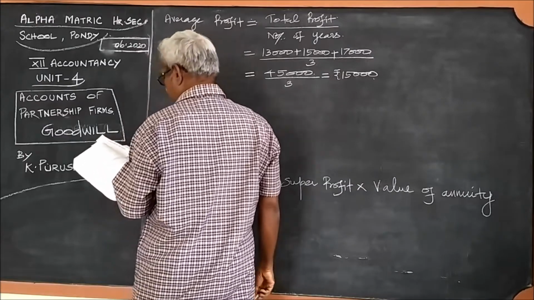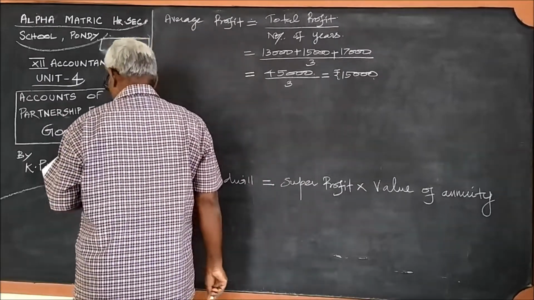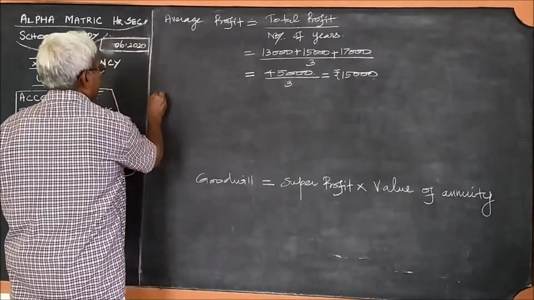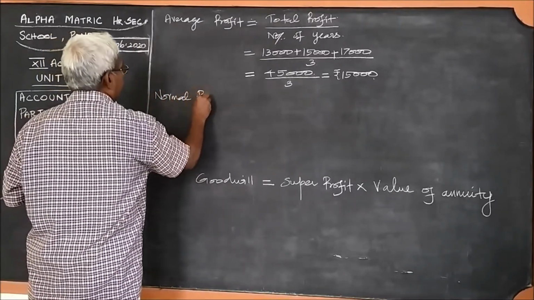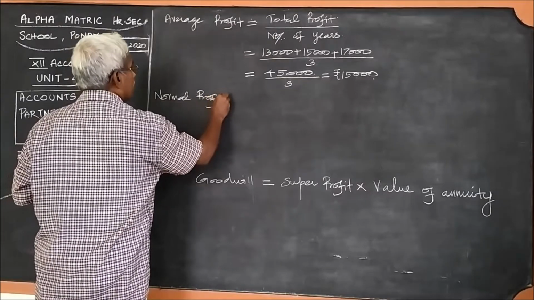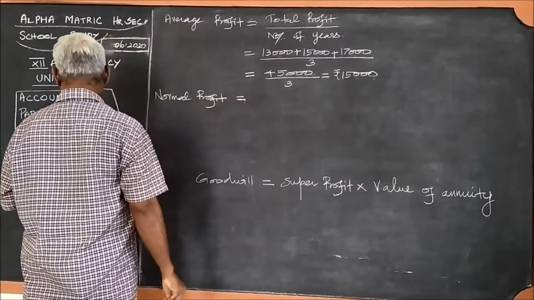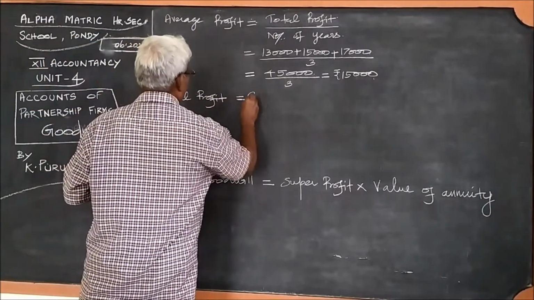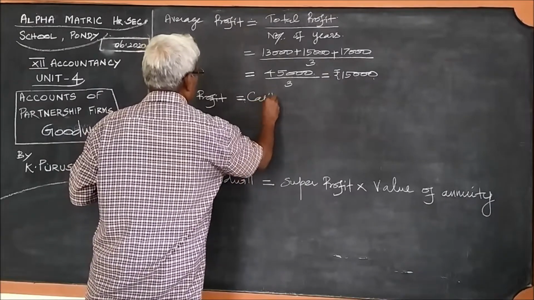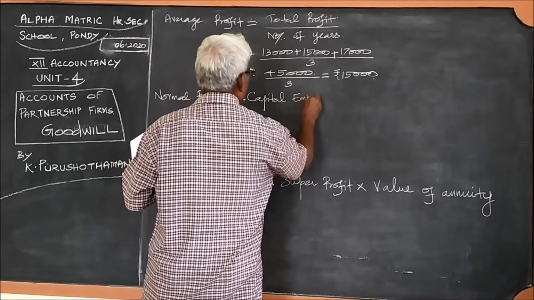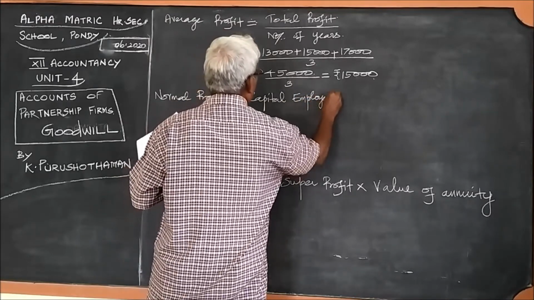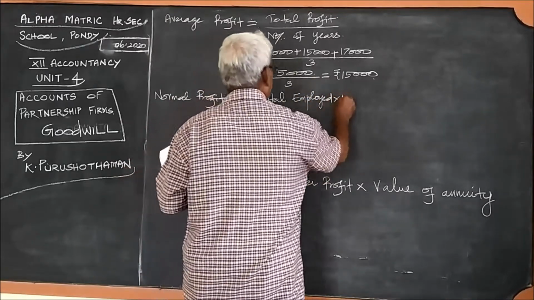This is the average profit. Then, how to find the normal profit? Normal profit is equal to capital employed into normal rate of return.